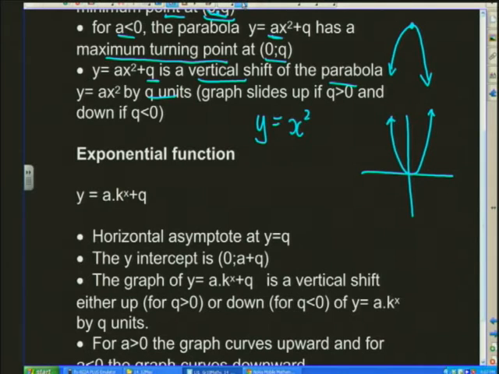Now say I had the graph y is equal to x squared plus 2. Okay, so we've added on a value of 2 there to the y-intercept. So what that means is that your graph, your original graph, y is equal to x squared, is going to move up your axis vertically.